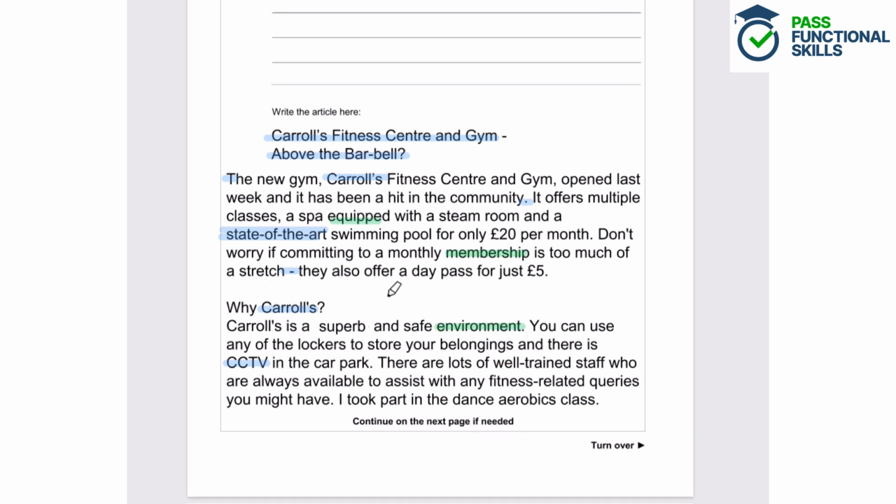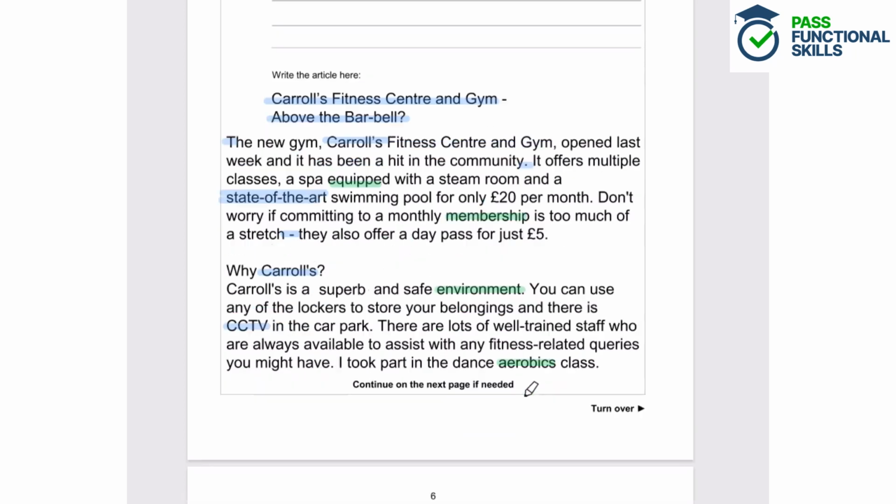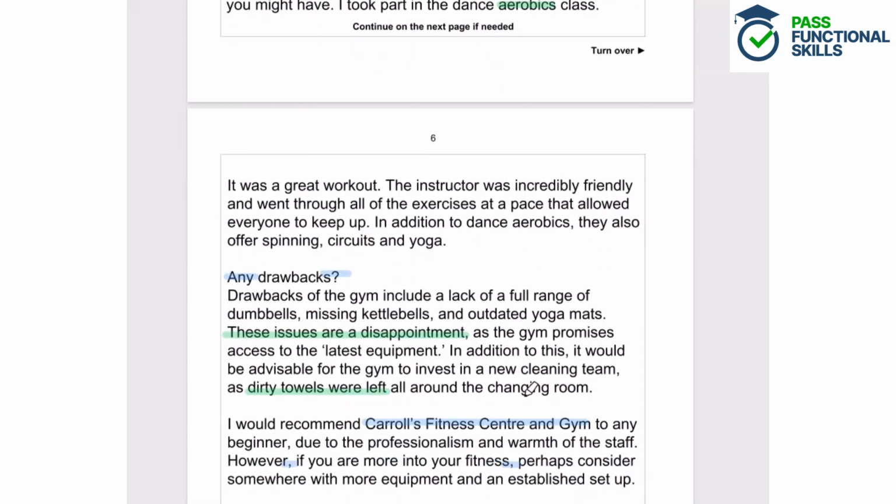So make sure that you're trying to adapt to the topic. So we've got words to do with gyms such as aerobics that have been used here as well. And we've got things like kettlebells and dumbbells. So we've included a range of specialist vocabulary, and we also have correct spelling throughout the answer for other words.